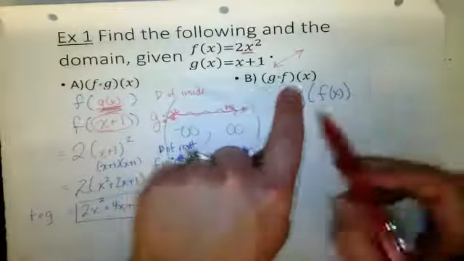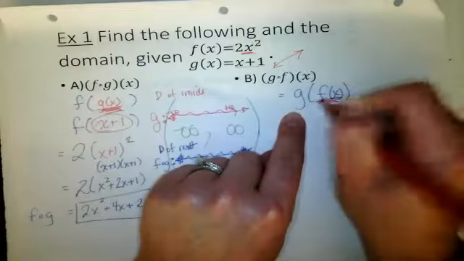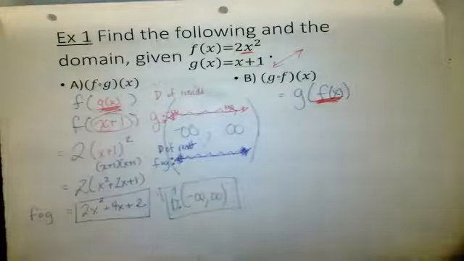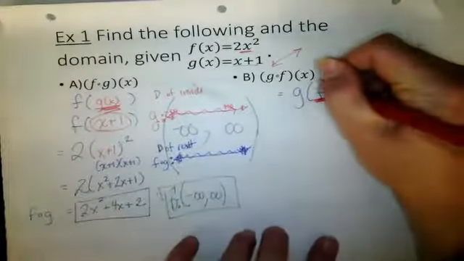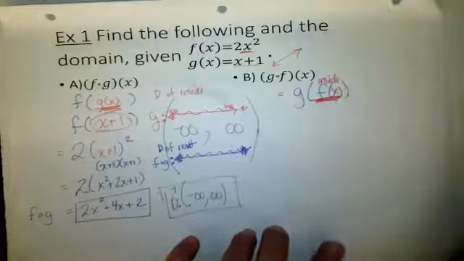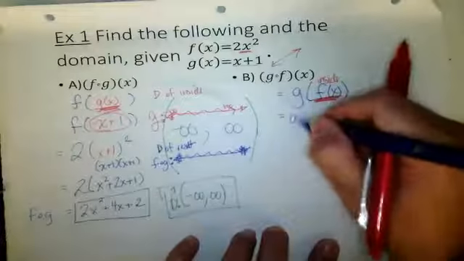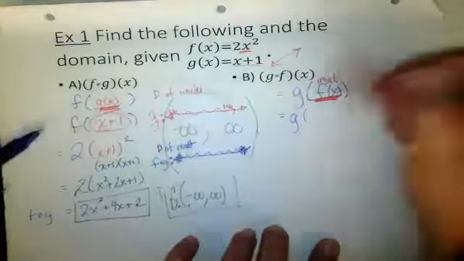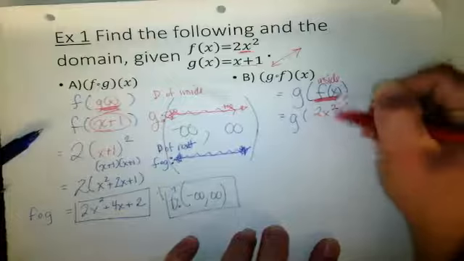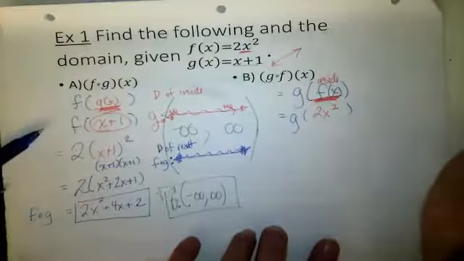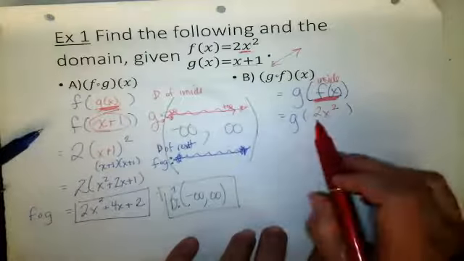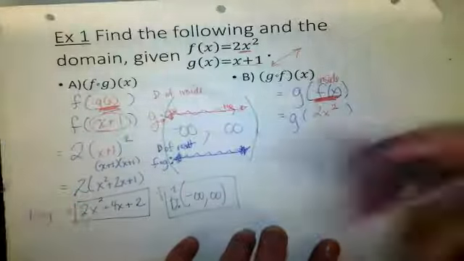So this is g of f of x, where f of x is on the inside. What can I replace f of x with? 2x squared. All right, f of x is the same as 2x squared, so I substituted. Now, what is g of 2x squared telling you to do?